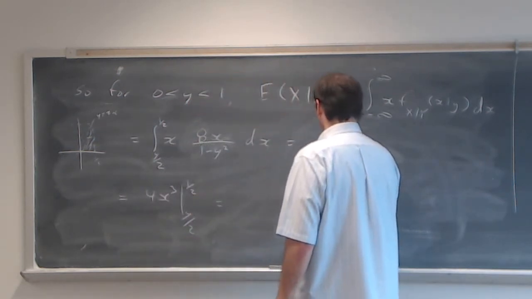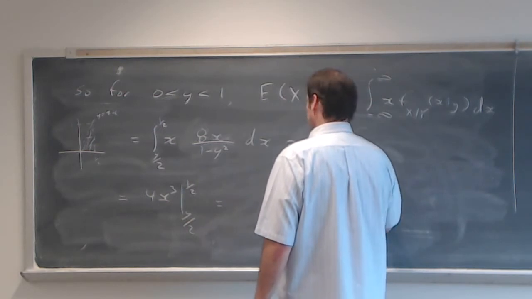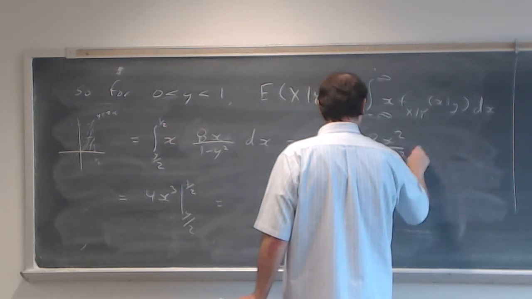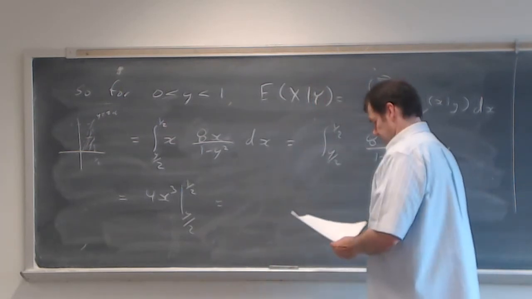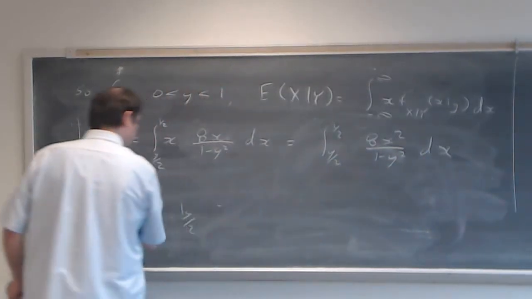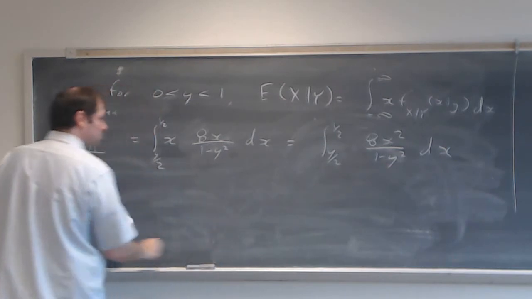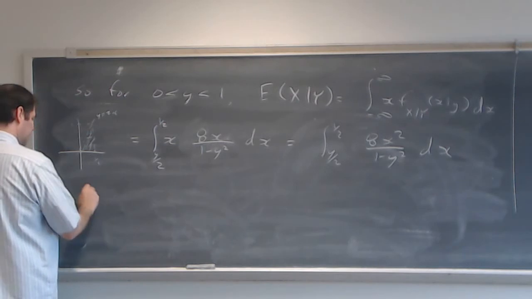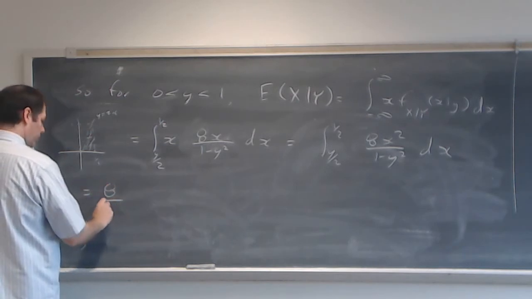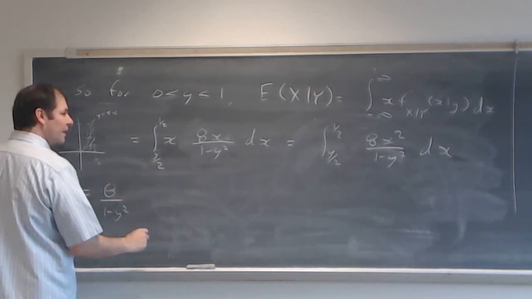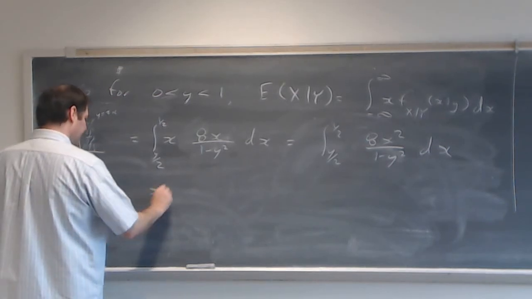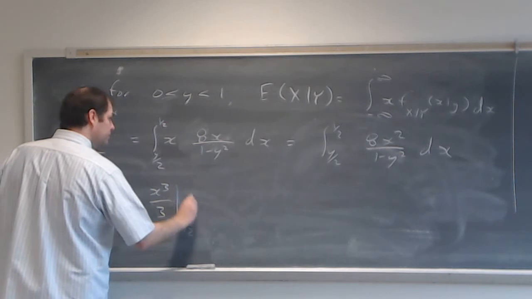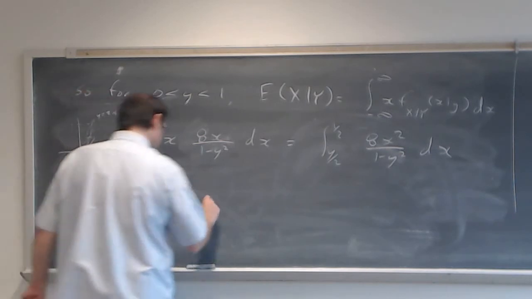So this is the integral from y over 2 to 1/2 of 8x squared over 1 minus y squared dx. We can pull out the 8 over 1 minus y squared, and what we're left with is x cubed over 3, evaluated from y over 2 to 1/2.